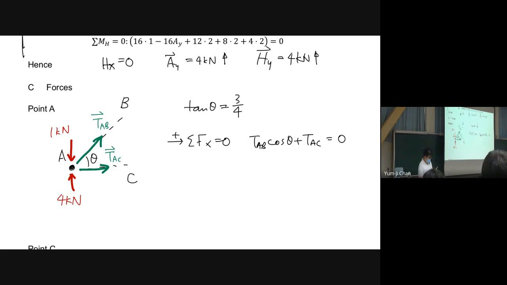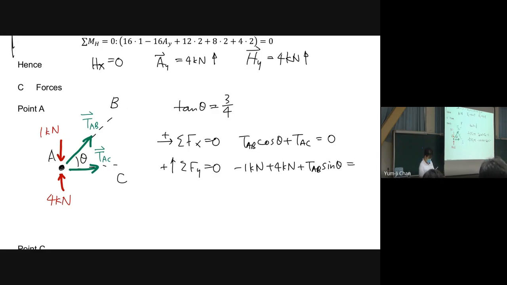And summation Fy equal to 0 leads to minus 1 kilonewton plus 4 kilonewton plus TAB sine theta equal to 0.